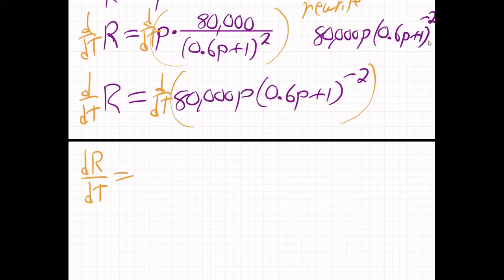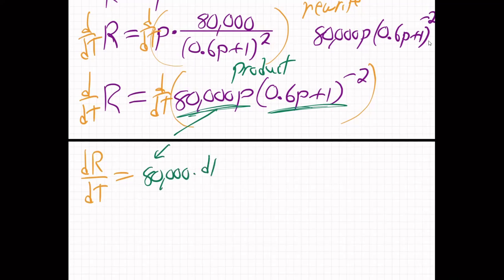All right. How can we take the derivative? Well, this is two functions multiplied, so product rule. This guy goes first. That would be 80,000 times dP/dt times the second guy unchanged, plus the first guy unchanged times the derivative of the second guy.